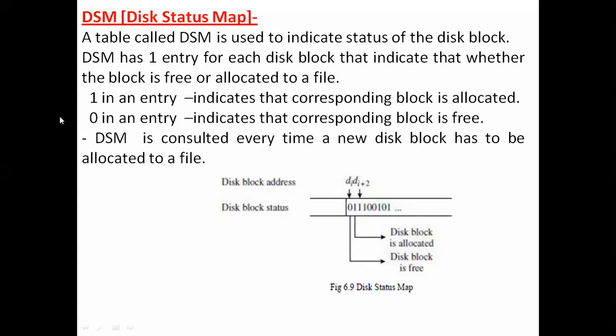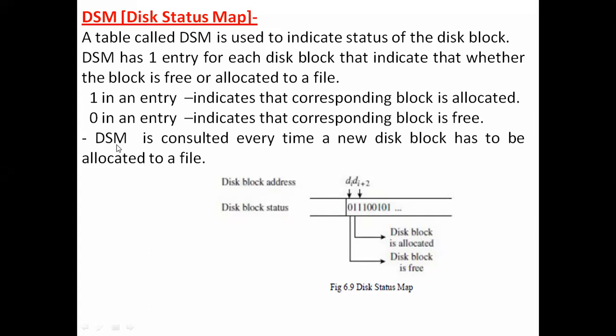If the entry in the DSM table is 1, the corresponding disk block is allocated, and if the entry is 0, the corresponding block is free, as you can see here.